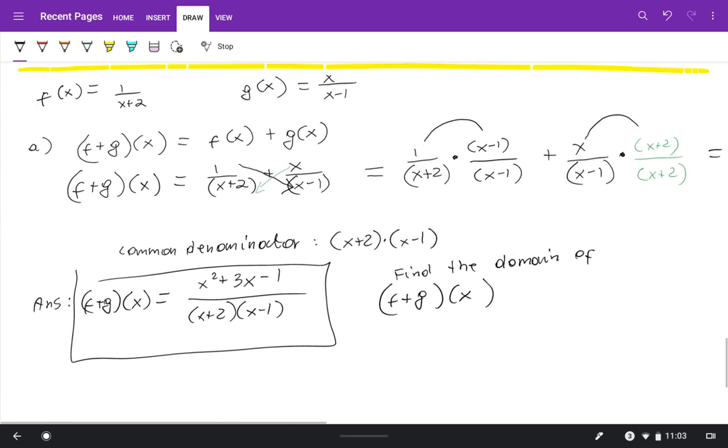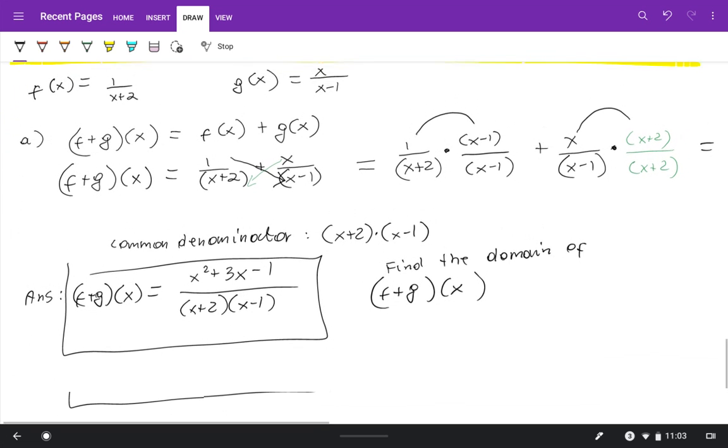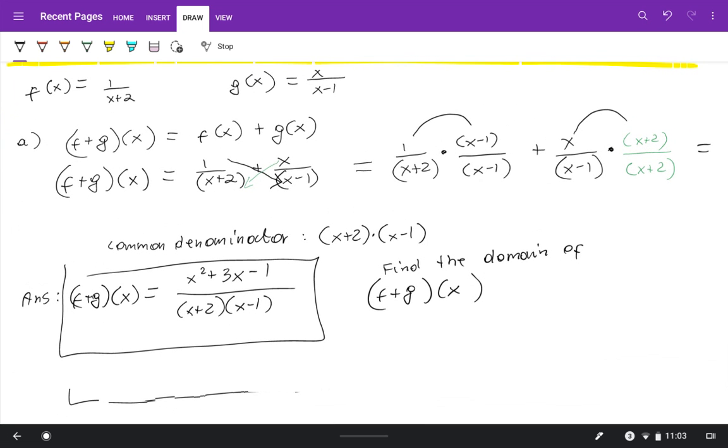So what happened here? The final function has a fraction. So what do you guys know about finding the domain of a fraction? You need to take the denominator and it cannot be equal to 0.